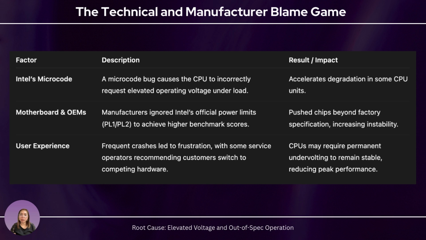For years, motherboard makers have used highly aggressive default BIOS settings to push chips beyond Intel's safe limits, all to win a few percentage points in reviews. Because of this practice, combined with the underlying voltage bug, it pushed these expensive processors into an unstable and sometimes degrading state. So the very root cause is elevated voltage and out-of-spec operation.